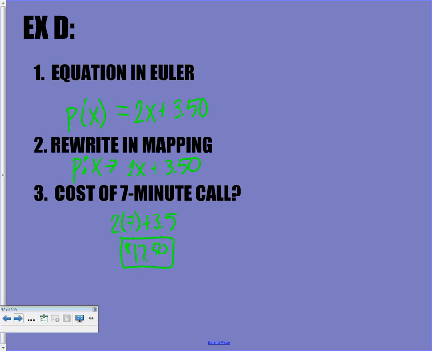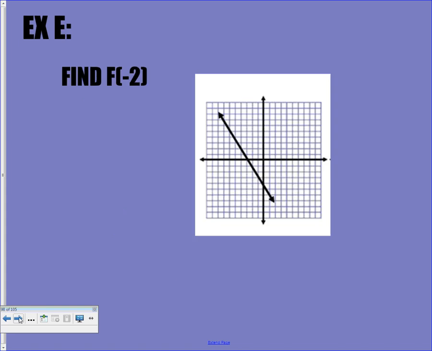Okay. And then one different kind is also just looking at a graph and saying, okay, can you look at this and then figure it out? So this says find f of -2. Okay, well, we kind of figured all of these, the f, or we're changing the y. So this is like saying, when does y equal -2? So here's -2 on the y, and here's my x coordinate.